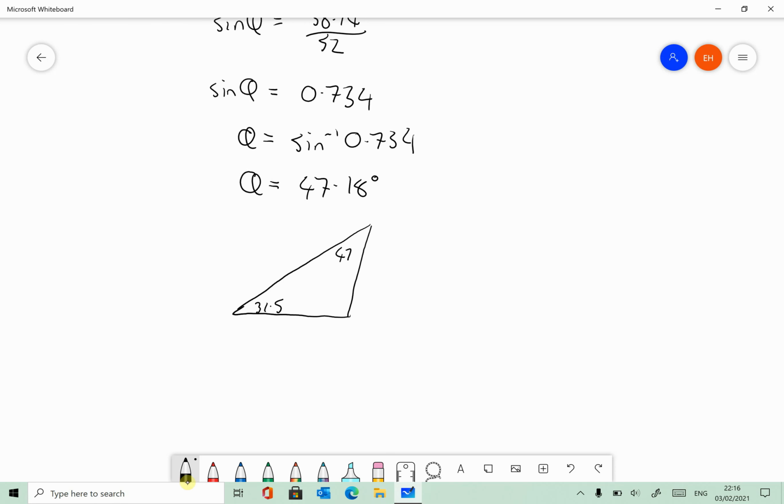That's 47.18. And that is unknown. This is 52, and this is 73. Now, we're then asked to find the length of this side over here. So I'm going to call this the side C. So we're asked to find the length of side C.